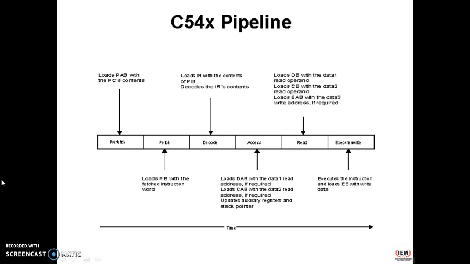The C54 pipeline has several levels: prefetch, fetch, decode, access, read, and execute. At each level, an independent operation occurs.